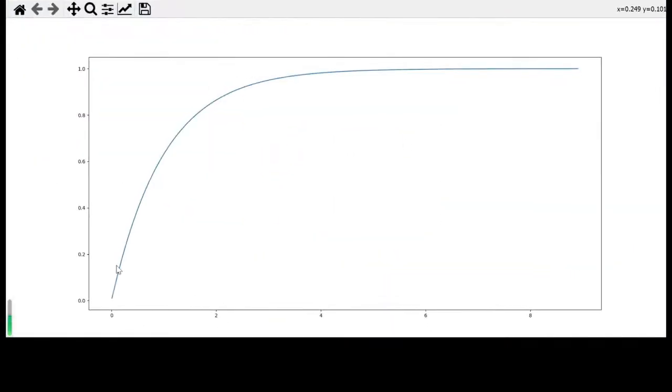You can see the curve is non-decreasing from 0 to 1, representing the cumulative probability. In the beginning it increases very fast, because in the last run we saw the density has this shape going from 1 to 0.